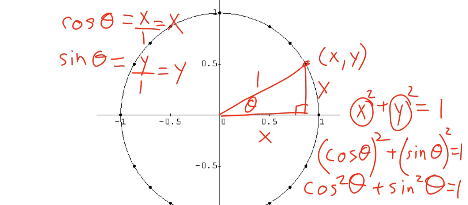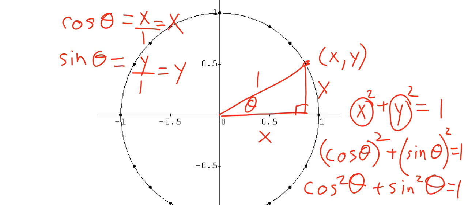Some people forget these parentheses like that, and so people look at it and say, oh, they're squaring the angle theta. No, we're not squaring the angle theta. We're squaring the cosine of theta. But those notations mean exactly the same thing. However, you will see it written a lot of times the second way there at the bottom of the screen.